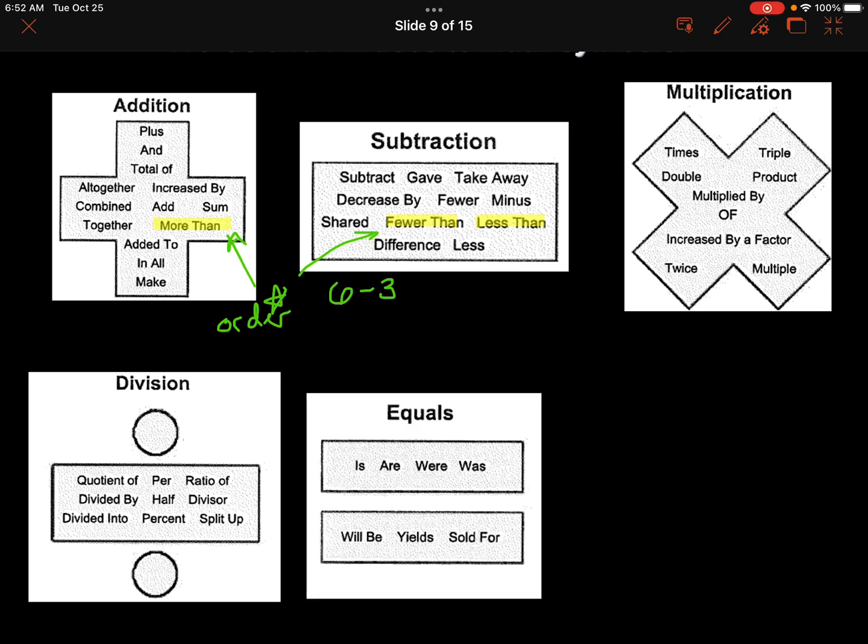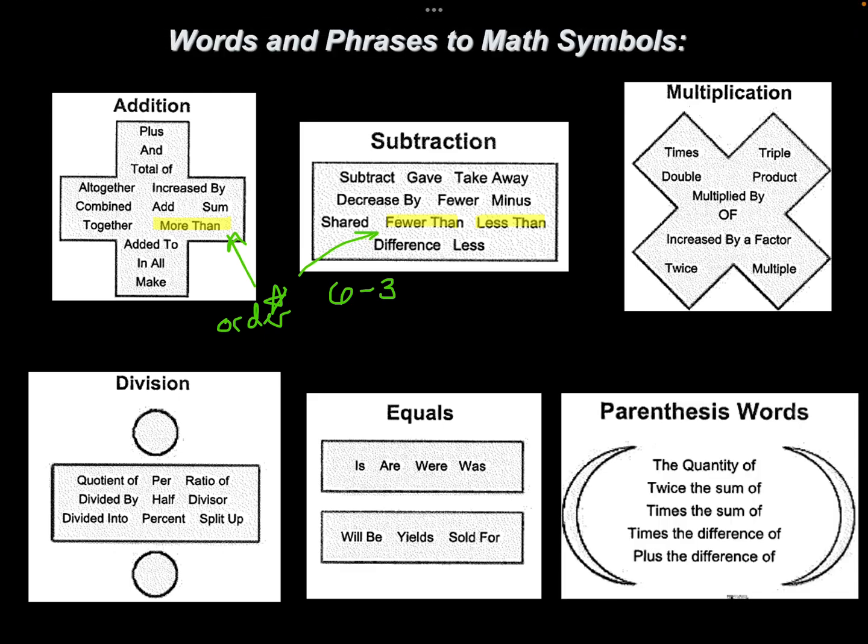Is, words that mean is, or equals. Is is the big one that we're going to use. Are, were, was, will be, yields, sold for. Equivalent is another one. If you have parentheses, which we'll come across occasionally: the quantity of, twice the sum of, or times the sum of, times the difference of.